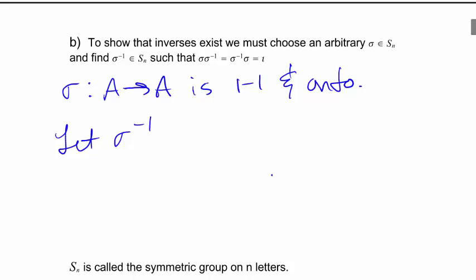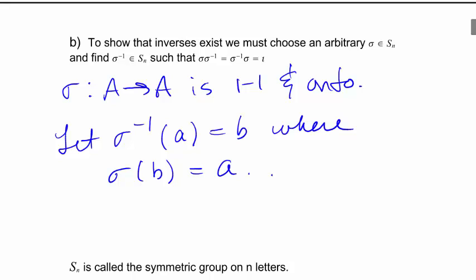Let sigma inverse of a be equal to b, where sigma of b is a. We know b exists because sigma is one-to-one and onto. So this gives us our inverse, and you can quickly see that sigma inverse sigma is the same thing as sigma sigma inverse, which is the identity map. This group is called the symmetric group on n letters and is denoted by Sn.